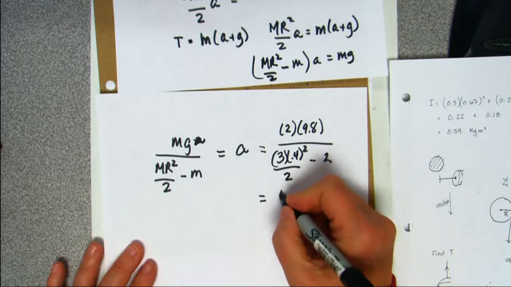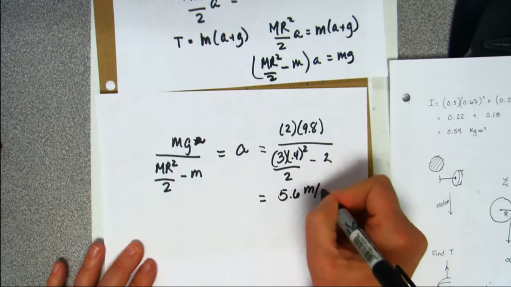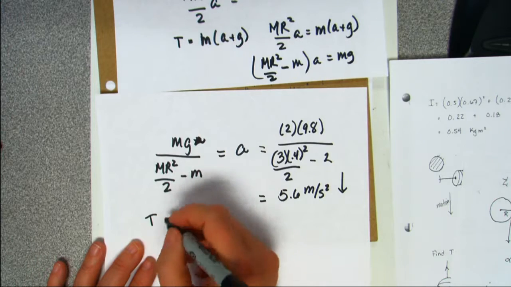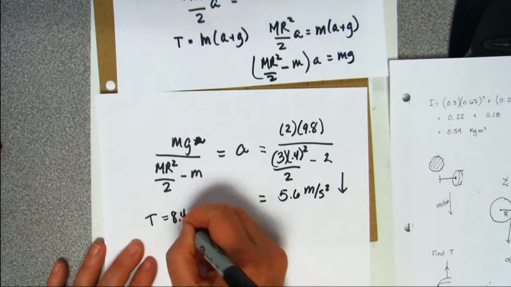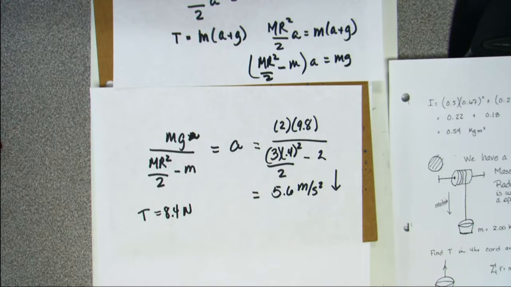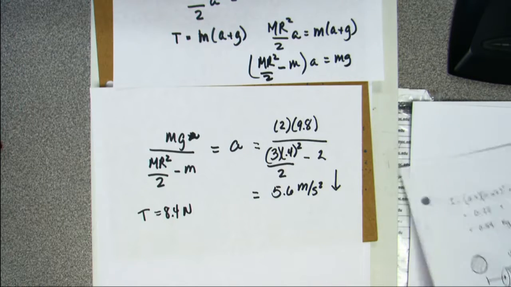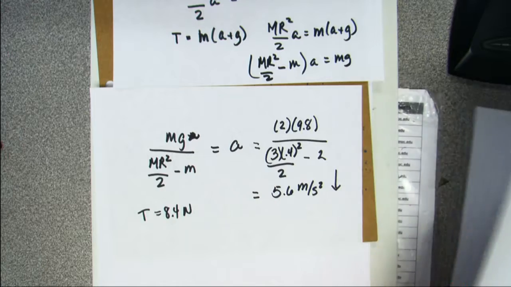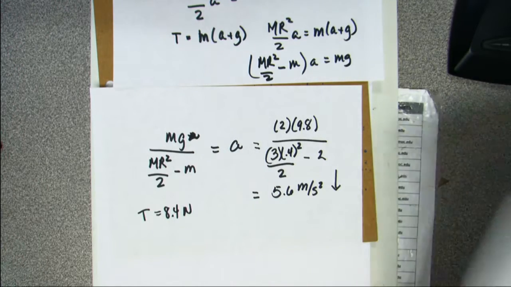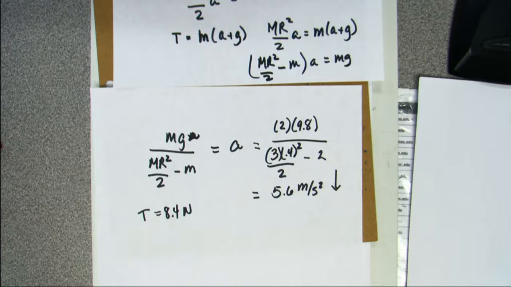A works out to be 5.6 meters per second squared. We know it's going down. Plug in for tension, and tension will equal 8.4 newtons. And I'm pretty sure there's a homework problem that looks an awful lot like the well problem.